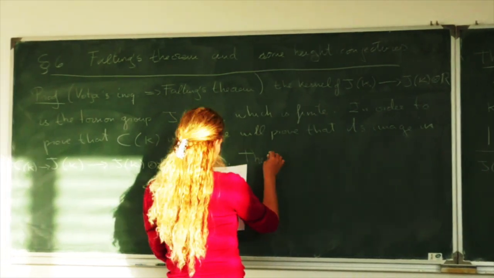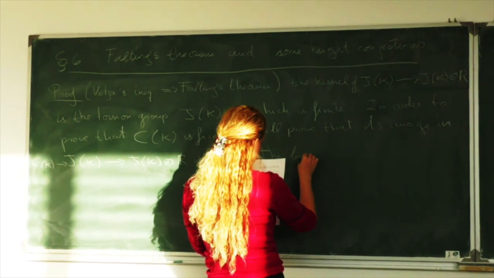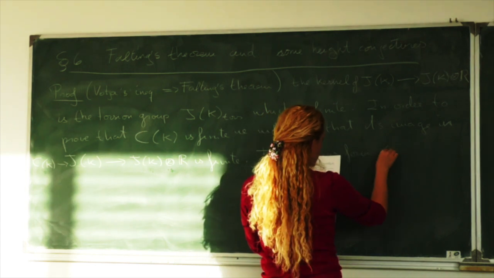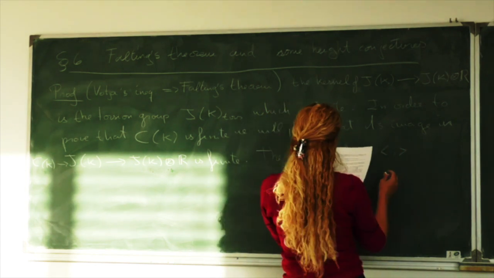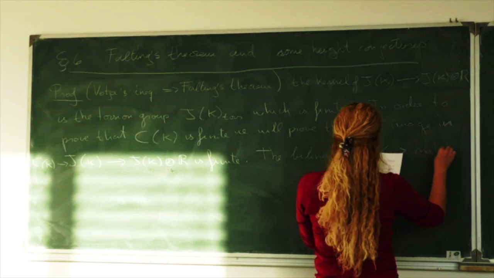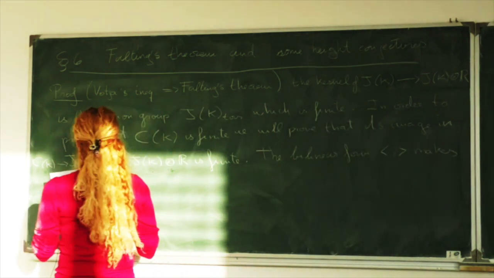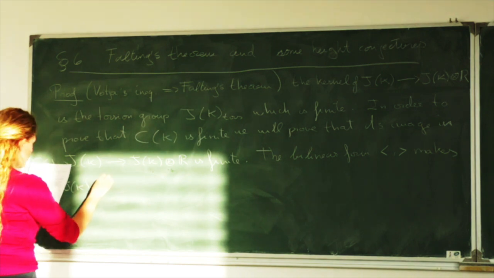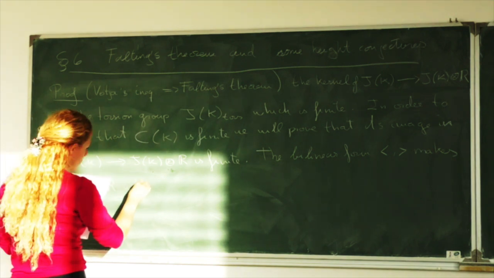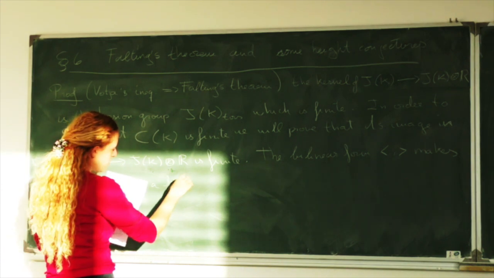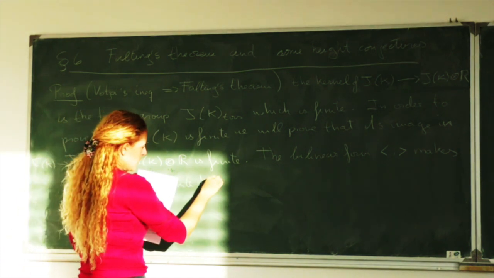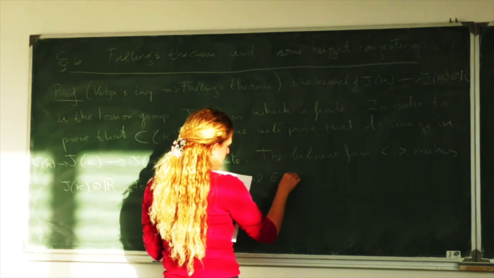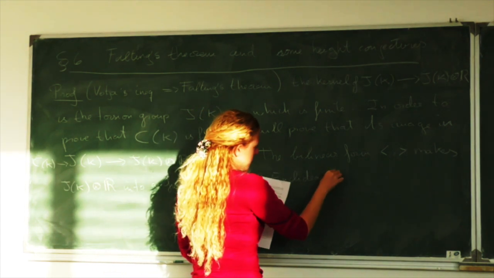So let's go back to the bilinear form we just defined. The bilinear form that we defined just before makes this space, the tensor product, into a finite dimensional Euclidean space.